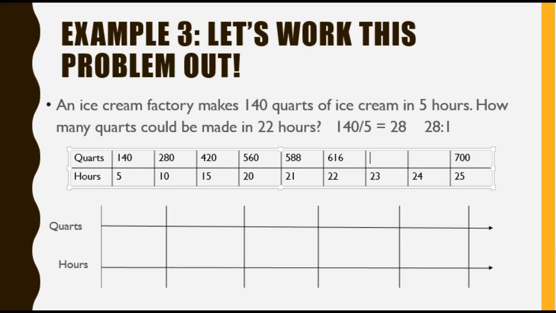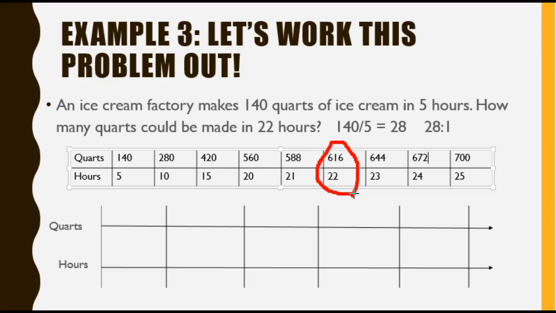To get to 23 hours, I can add another 28 quarts of ice cream to get to 644. To get up to 24 hours, I could add another 28 quarts, which would give me 672. So then I'm able to see that for 22 hours, we would be making 616 quarts of ice cream.